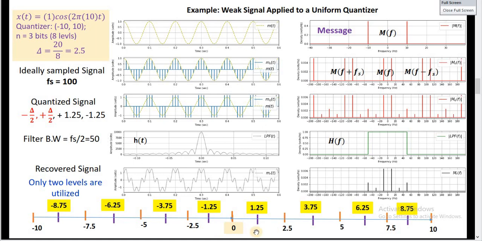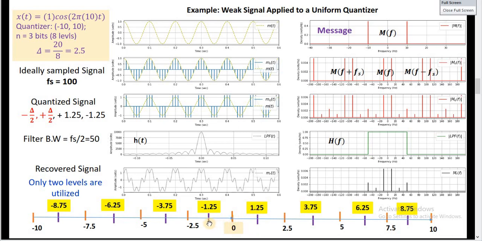Half the time the signal assumes values between 0 and 1, and 50% of the time it takes on values between 0 and -1. Whenever the signal is positive, it takes only one value, which is 1.25.